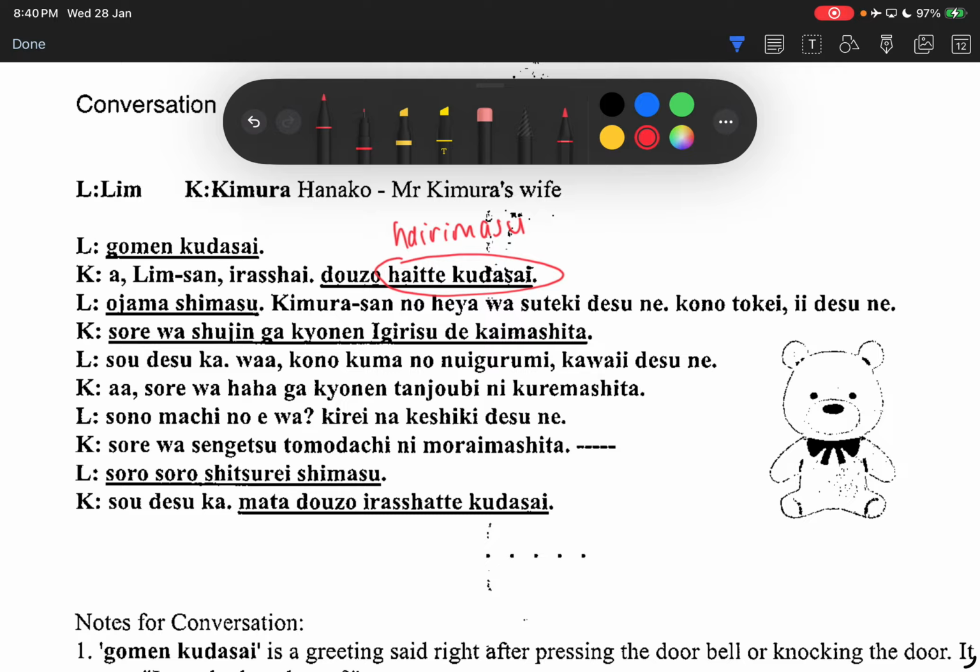It's a very long word for doll, but it just means doll. So kuma no nuigurumi means doll of a bear, a bear doll, a bear soft toy. この熊のぬいぐるみかわいいですね. Kawaii we all know means cute.